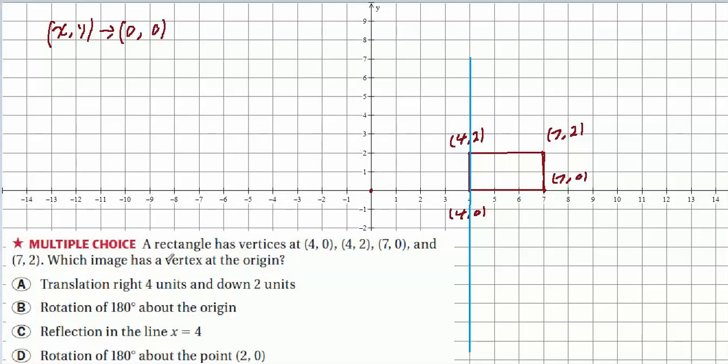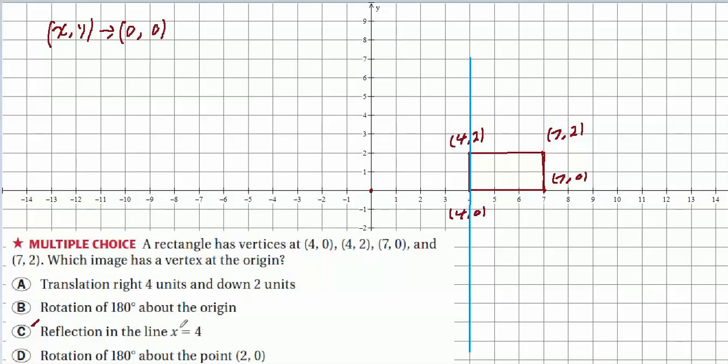Which image? And this isn't a problem that allows for more than one choice. Otherwise, we might have to check D. Maybe the answer is C and D. But this is one of those multiple choice problems that only has one answer. And since we found one and they only asked us to find one, we don't have to check to see if there are any more.